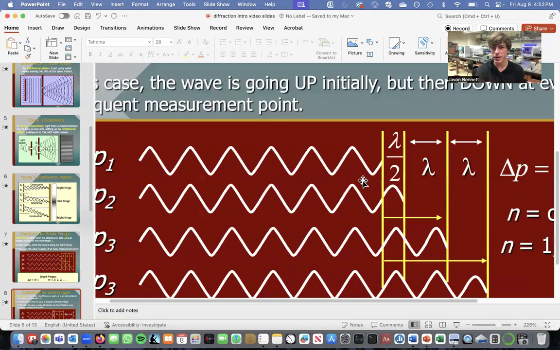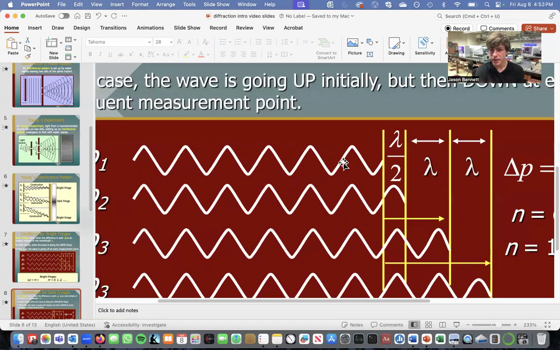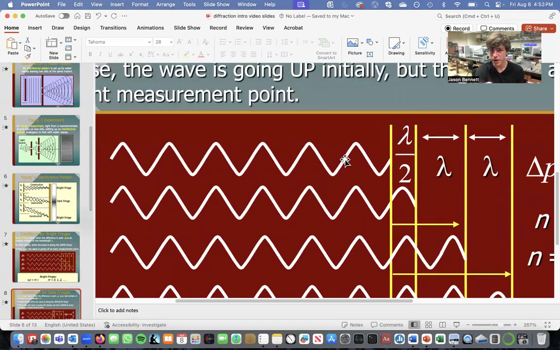So notice what's happening here. Let's just say we're starting measuring right here. Up, down, up, wavelength. And now what would need to happen for this to be doing exactly the opposite thing? It would need to be going down, which happens after half of a wavelength.